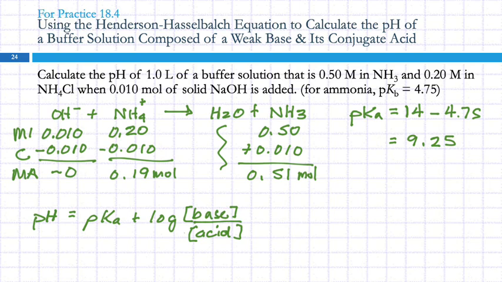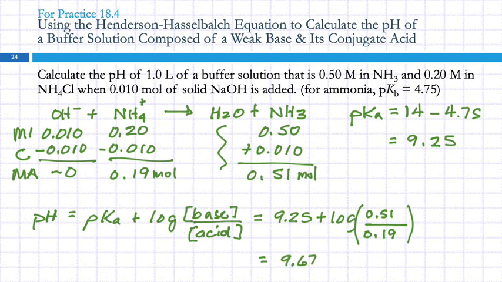So pKa is 9.25 plus the log of the base concentration, that's this guy right here, 0.51, divided by the acid, 0.1788.